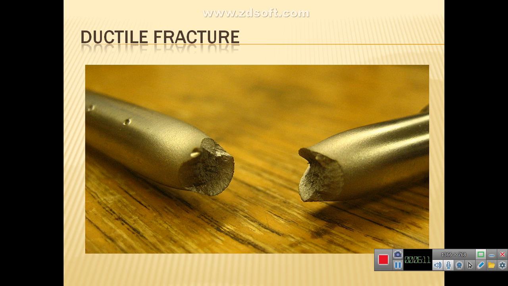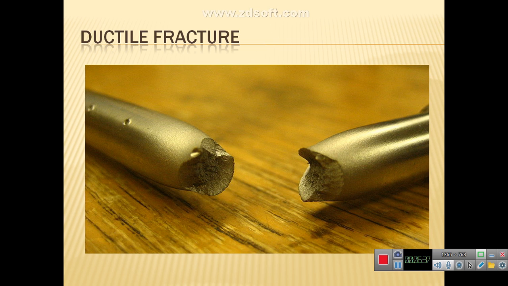Now we can briefly discuss ductile fracture. Ductile fracture means fracture happening in a ductile material. There are five steps in ductile fracture. First, elongation happens due to the tensile stress acting on the material.